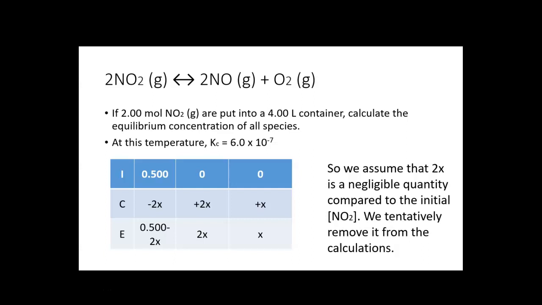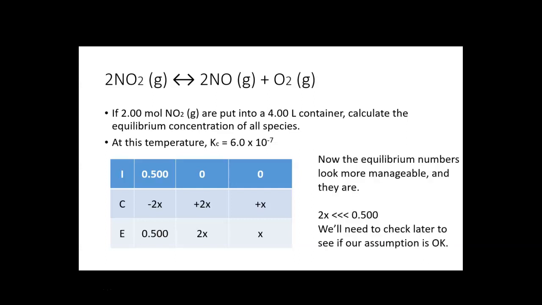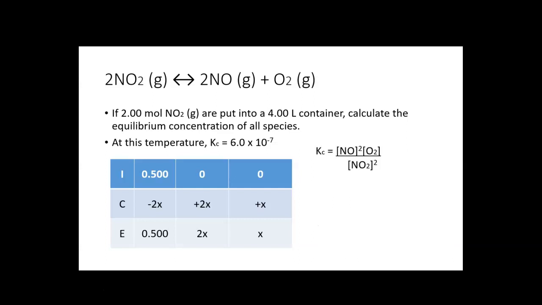In this case, 2X is negligible compared to the initial NO2 concentration. And we're going to tentatively remove it from the calculations. And there it goes. Now the equilibrium numbers look more manageable, and they are. 2X is much less than 0.5. Now, we'll need to come back after we've solved the problem to see if our assumption is okay.